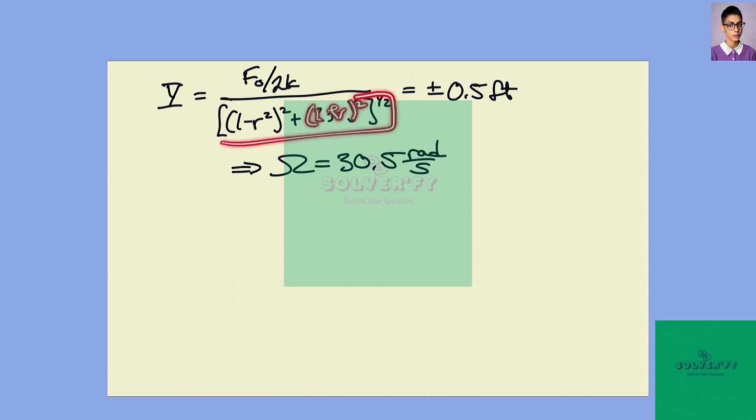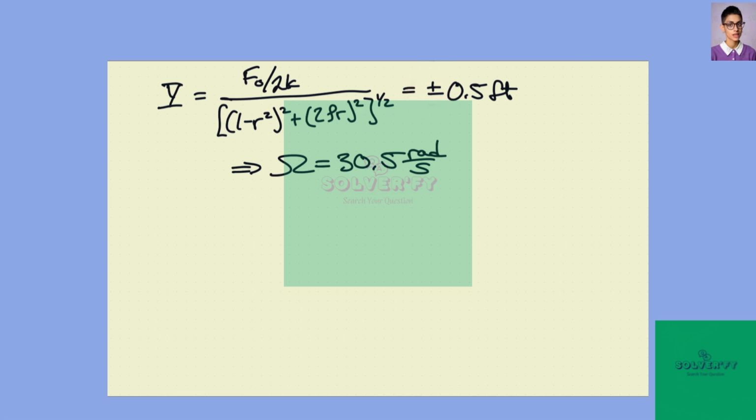And we see this again. We're told that the amplitude of the response is half a foot, and we were looking for what the excitation frequency would be. Again, we can look at either plus or minus.